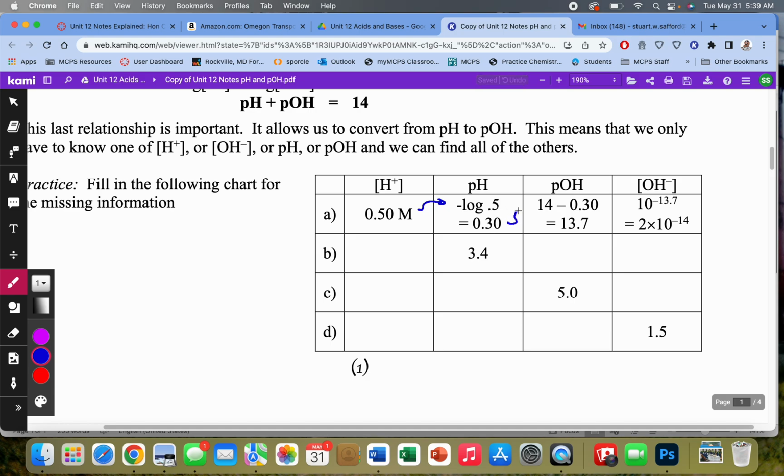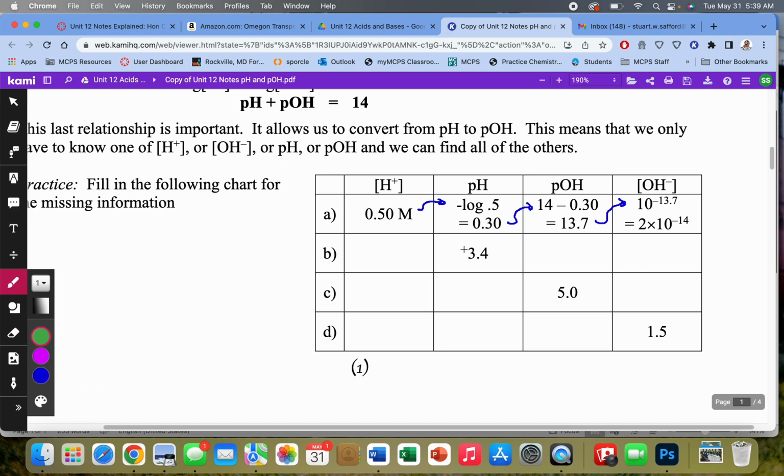From this, I can go up here and say 14 minus 0.3 gives me the pOH, and that's because pH plus pOH equals 14. And from knowing this, I can go up here and say 10 to the negative pOH gives me the OH minus concentration. So from just knowing this first piece, I know the other three.